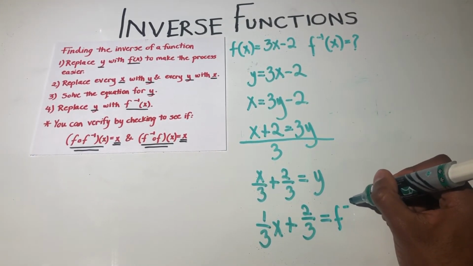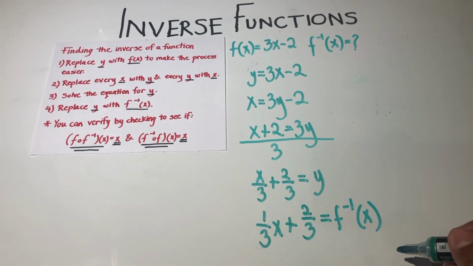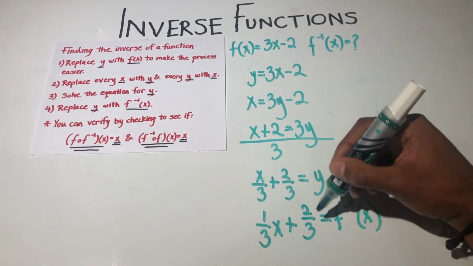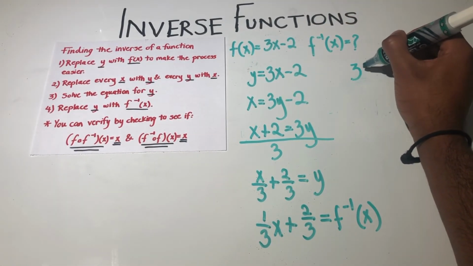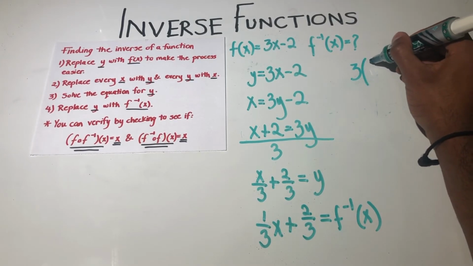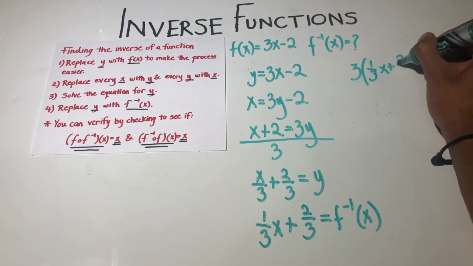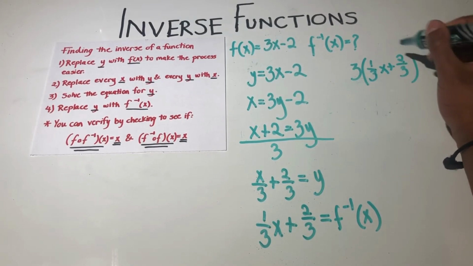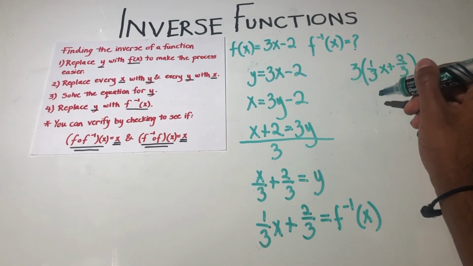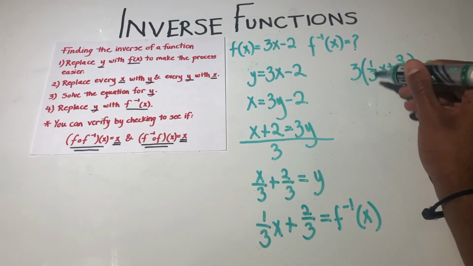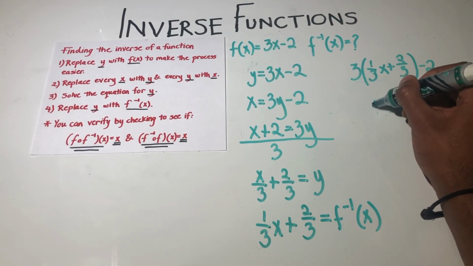Let's not forget to replace y with f inverse of x. So let's take this function, put it in here. We're going to get 3 times 1/3 x plus 2/3, minus 2. If we use the distributive property here, 3 times 1/3 x, that's just going to give us 1x, which is just x.